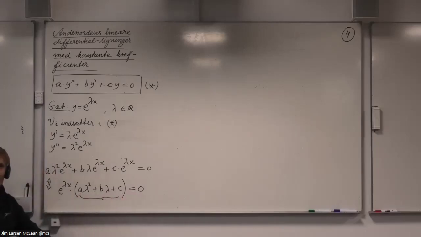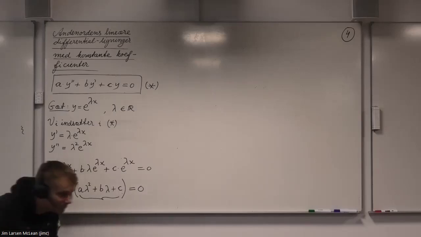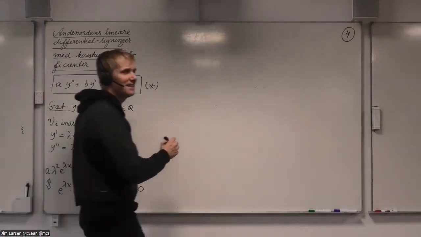and it can indeed equal 0, because what is it then? A quadratic equation in lambda. Have you ever seen something like x squared plus bx plus c equals 0? Yes, that's a quadratic equation in x. But this is a quadratic equation in lambda, and it's called the characteristic equation when considering such a differential equation with constant coefficients. So we call it the characteristic equation.